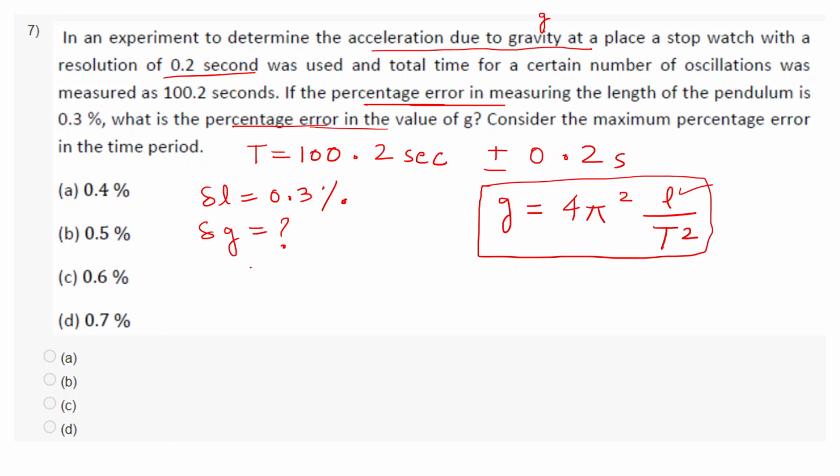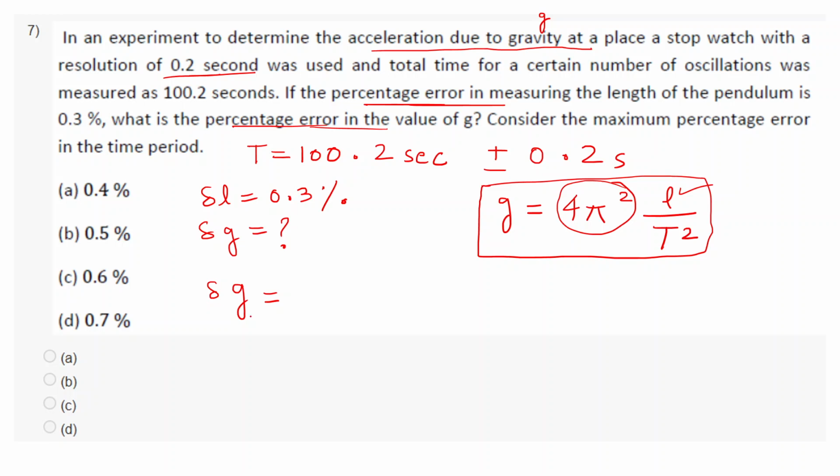and then we'll calculate the relative error in g. So relative error in g will be, from this formula we can see 4 pi square is a constant, so error in these values will be 0. So the remaining variables are length and time period, and they are like this.